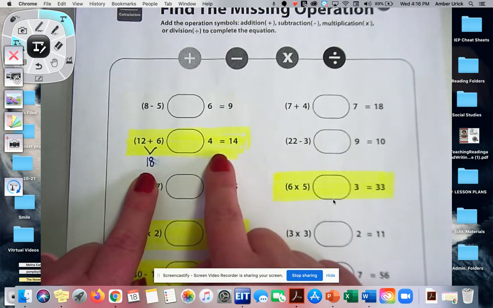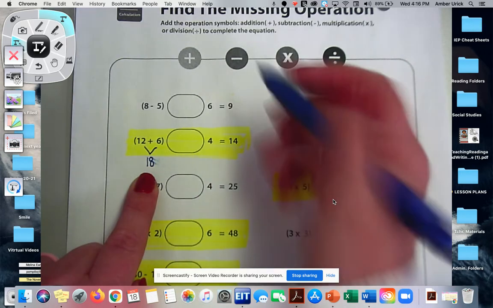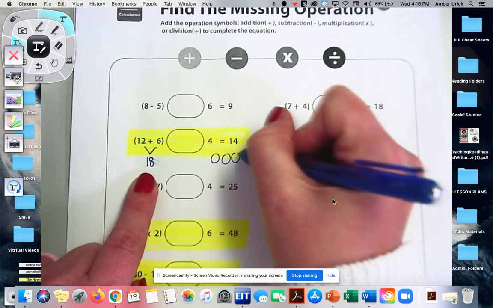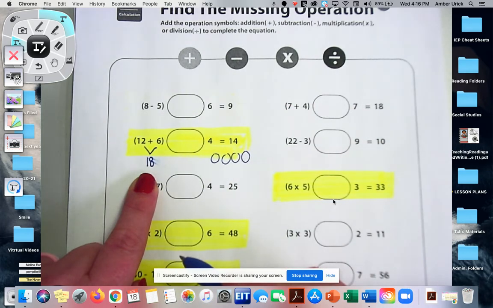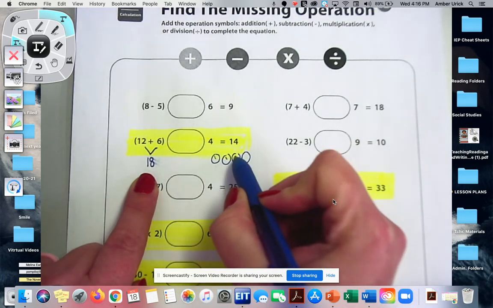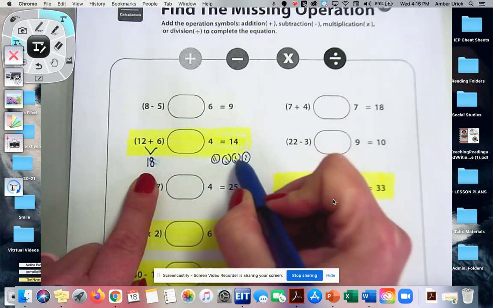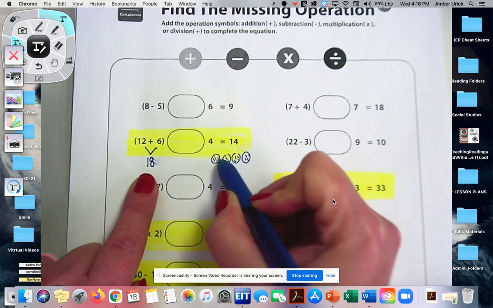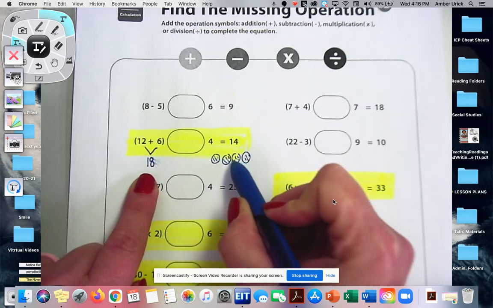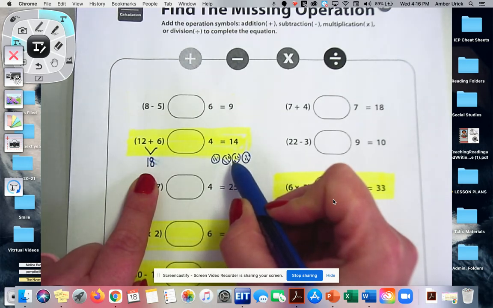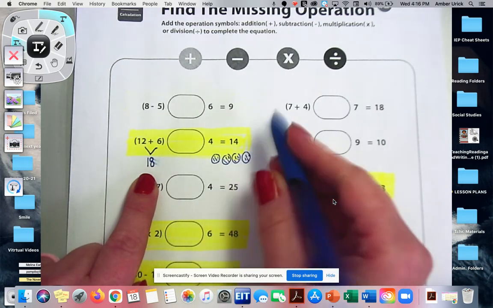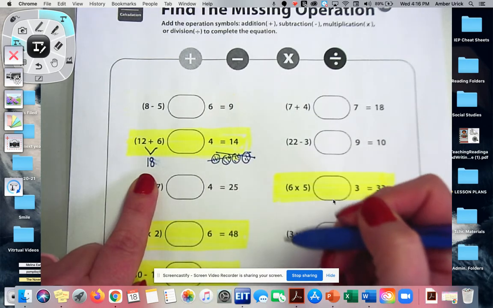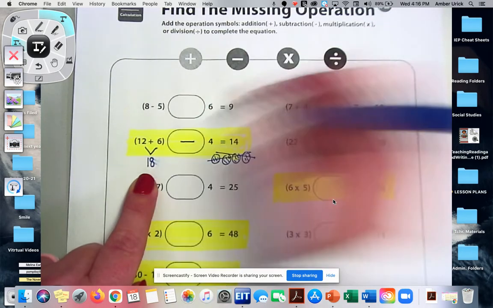I don't think I could make 4 circles like this. 1, 2, 3, 4, right? And then 5, 6, 7, 8, 9, 10, 11, 12, 13, 14, 15, 16, 17, 18. I don't even get equal groups, do I? So I stopped at 18 here. It doesn't look like I would have 14 in each. So it couldn't be division. So it has to be subtraction.